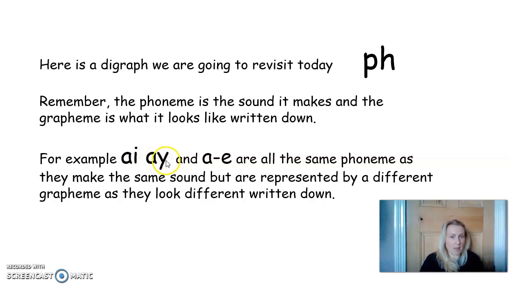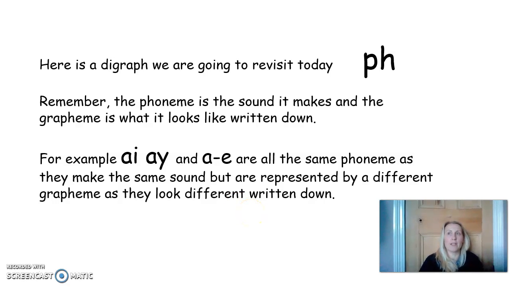And a split digraph, a with a space, that still makes a, doesn't it? So for this one we could have rain, this one we might have say, and this one we might have make. So they are all making the same phoneme, but they're represented by a different grapheme, okay?